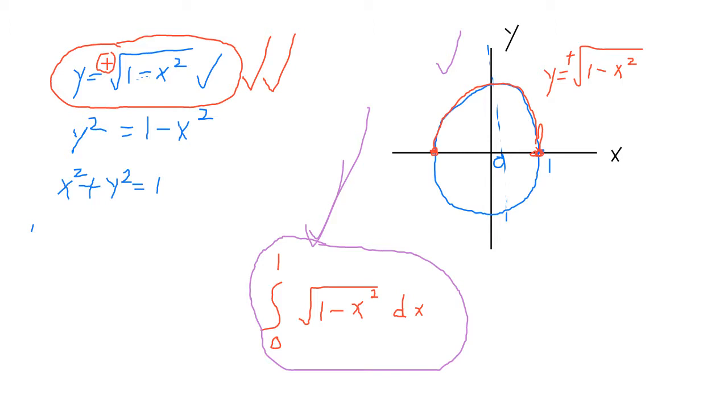Tell you what, let me try something here. Don't write this down, but would this definite integral, the integral from 0 to 1 of the square root of 1 minus x squared dx, be all this top area here?